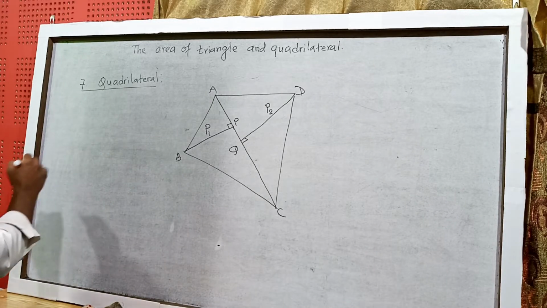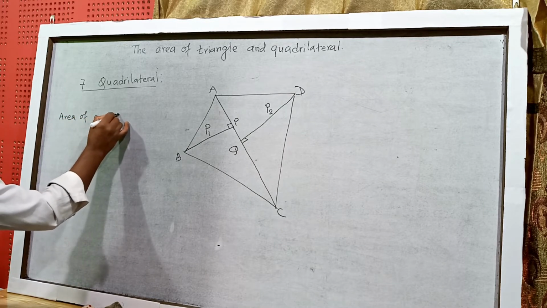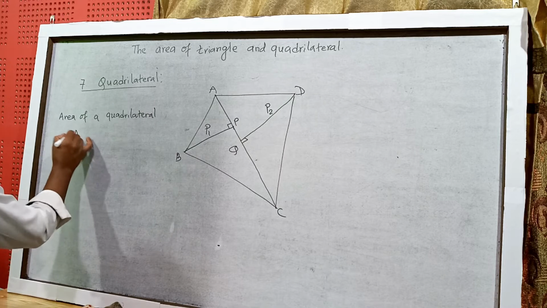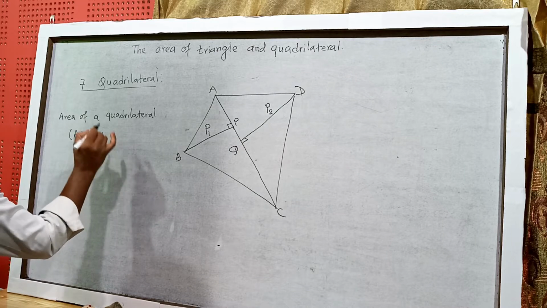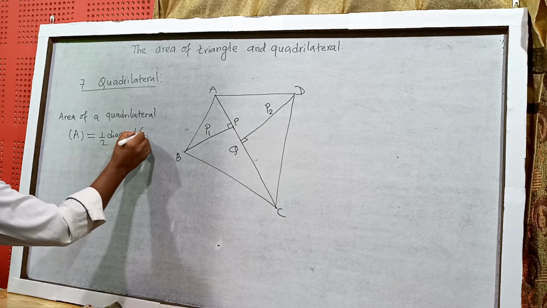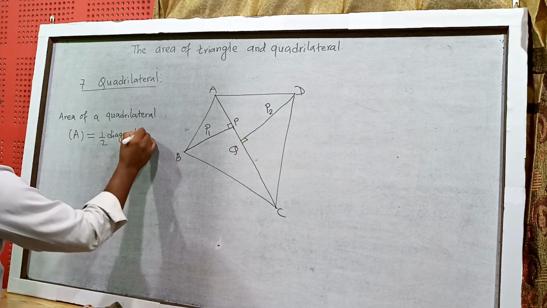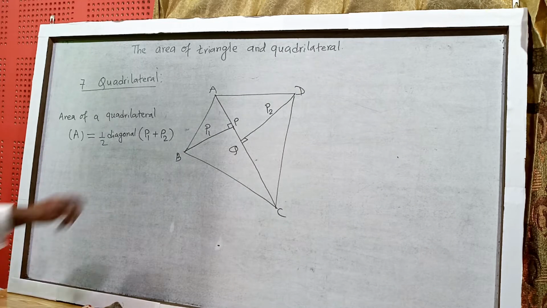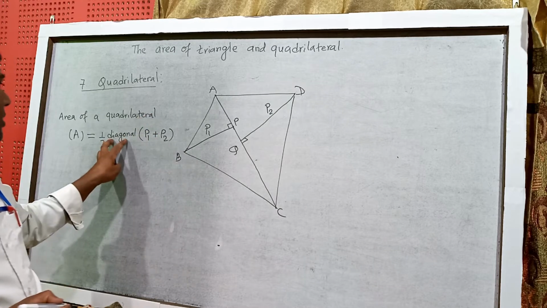Then the area of the quadrilateral A equals 1/2 diagonal into the sum of the perpendiculars drawn from the other two vertices to the diagonal, P1 plus P2.